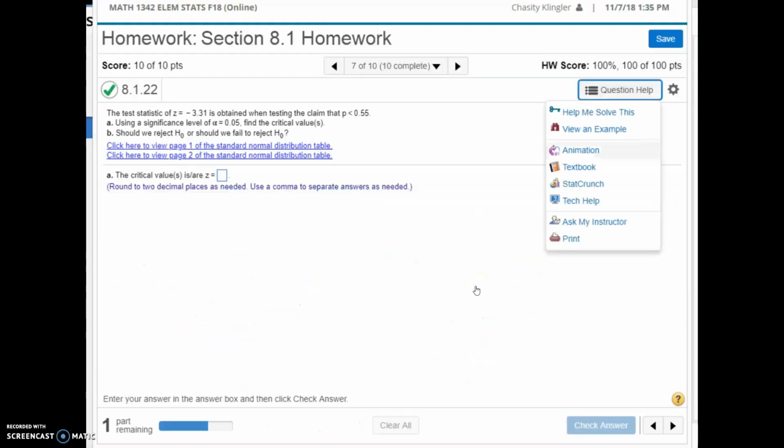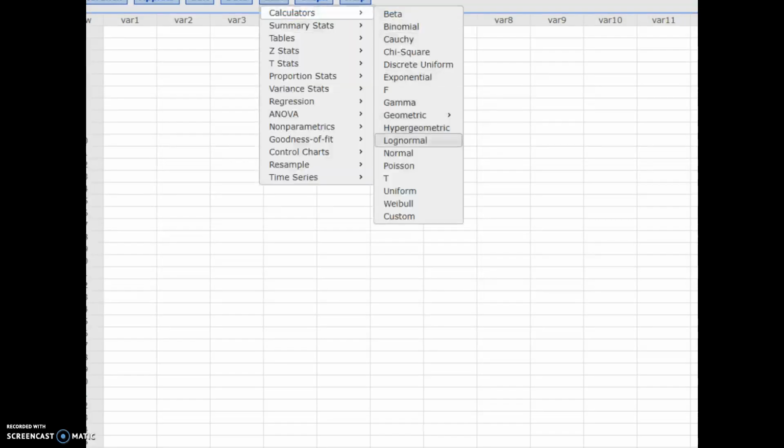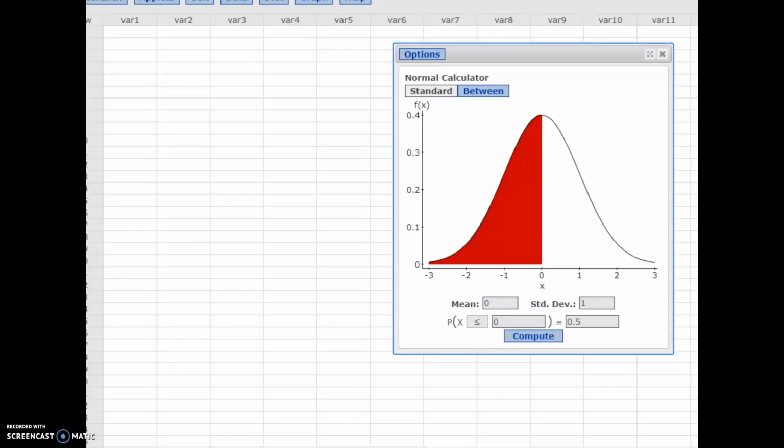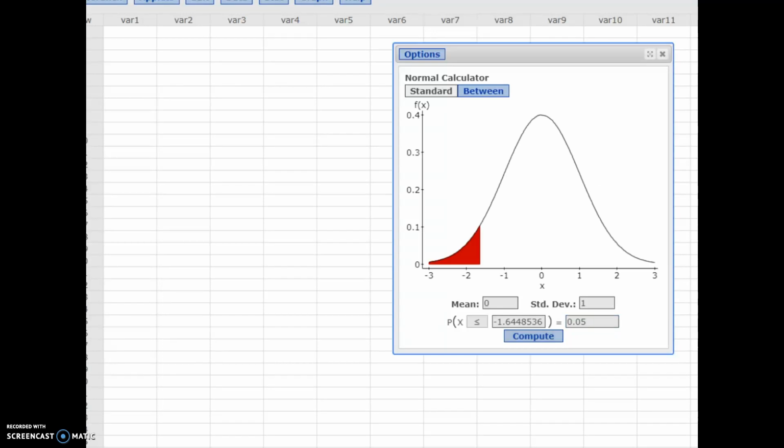So when we go to StatCrunch, you're going to go to Stat, Calculators, Normal, and then we're less than, and put your area in there. If you were right-tailed, you would change that to greater than. So that looks like the picture I drew. My critical value is going to be negative 1.64.